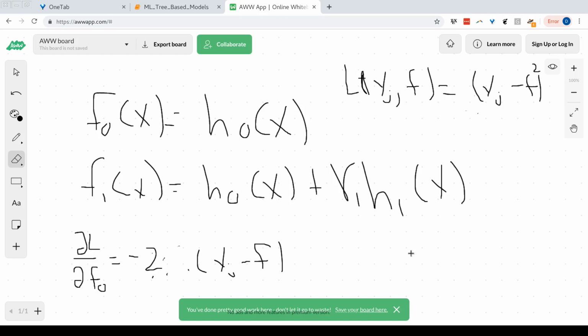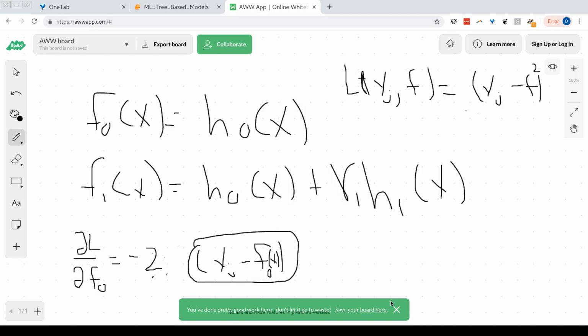So f of naught represents our predicted value, the value that we're going to get from the model, and we calculate the deviation from the true value. So by definition, this term that I'm going to circle is a residual. It just so happens that if we use a square loss function, then these so-called pseudo-residuals are simply going to be proportional to what we consider the residuals.